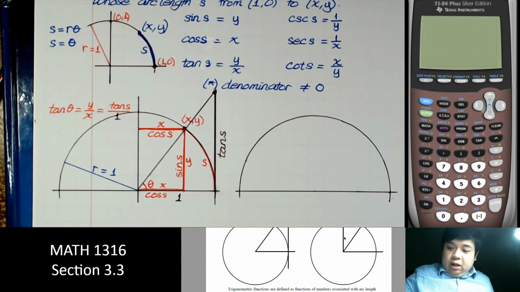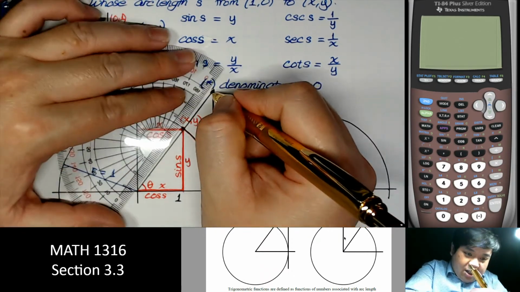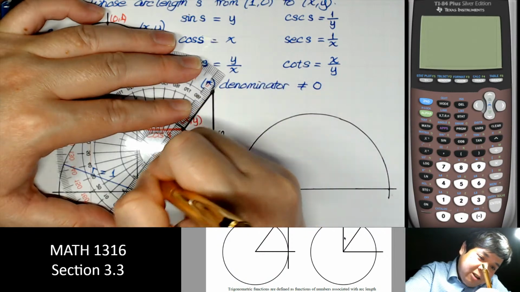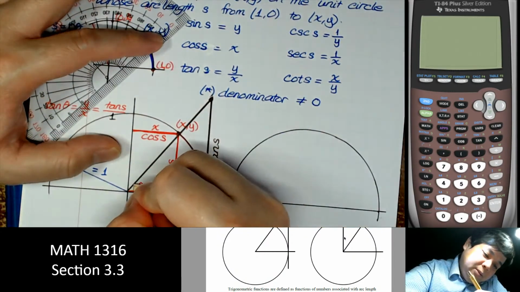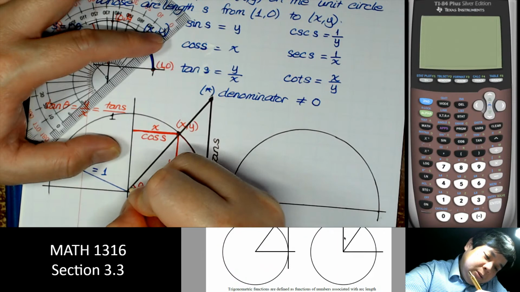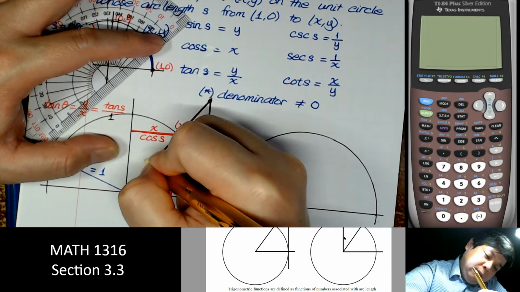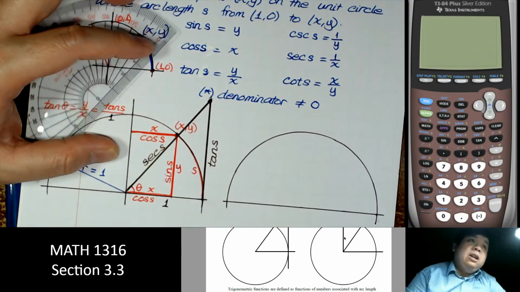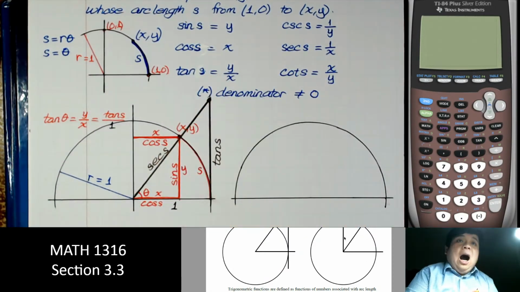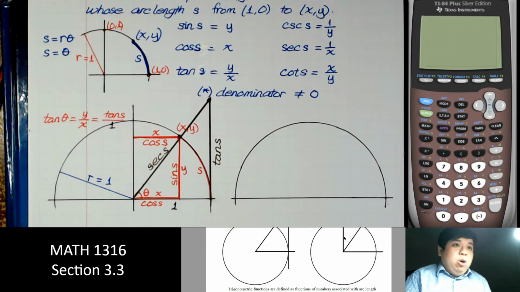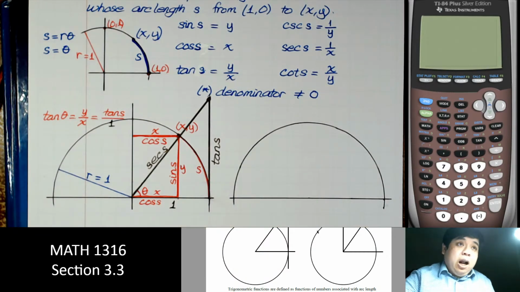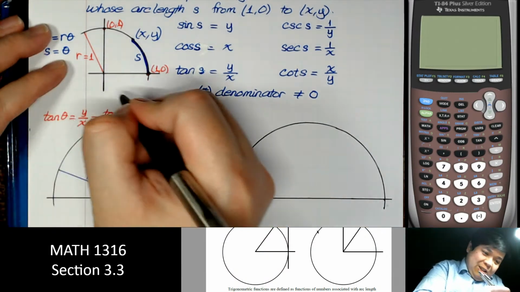Now, when we have the tangent, this is going to be secant. By the way, if you look it up in the Greek language, tangent means touch and secant means cut.